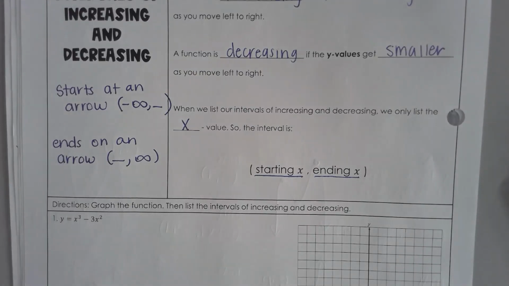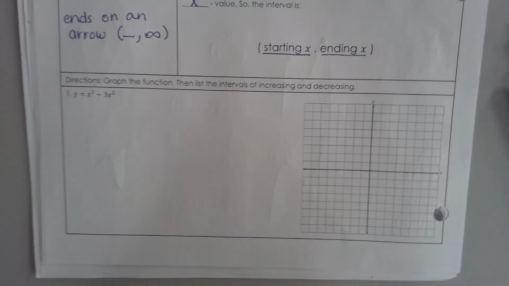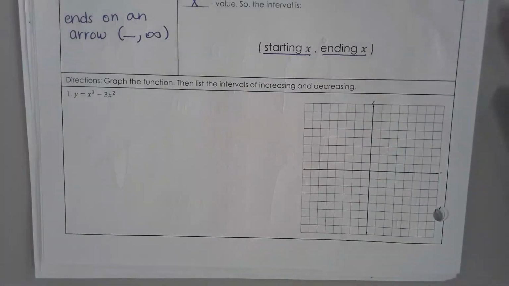So what we're going to do is graph this function. And when I ask you to graph, here's what I expect you to do. I expect that you find the maximums and minimums and plot those points, and then you can just sketch in the rest of the graph the best you can.